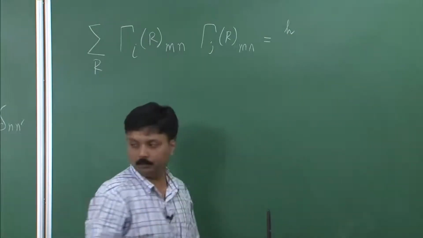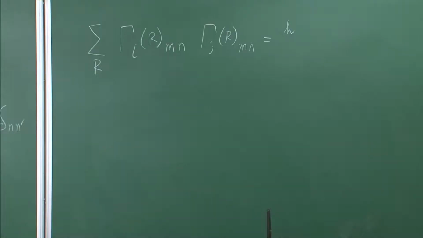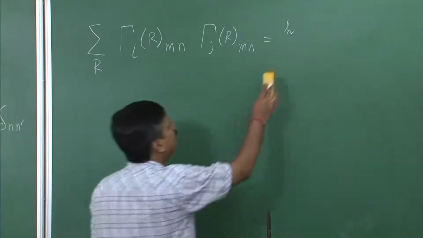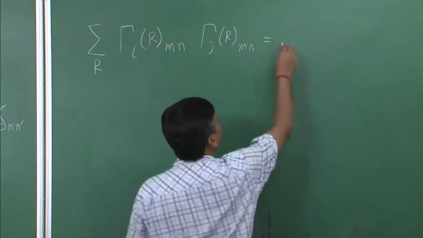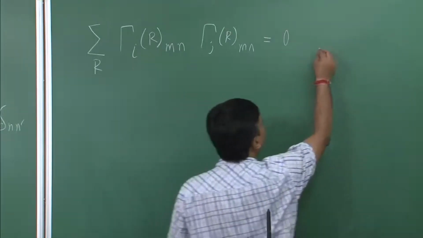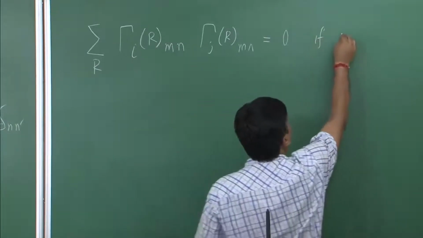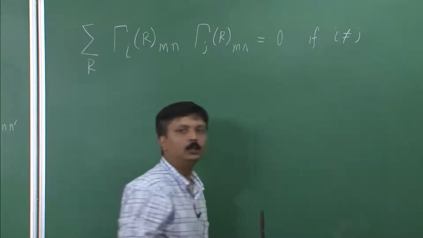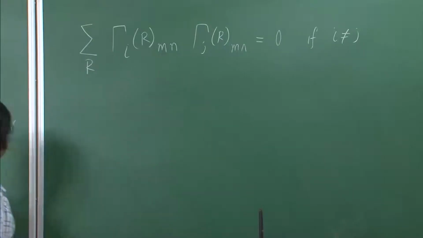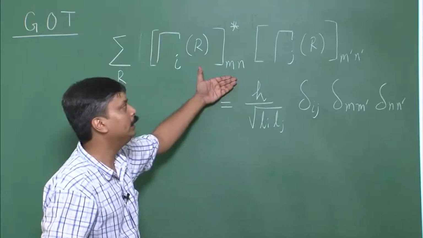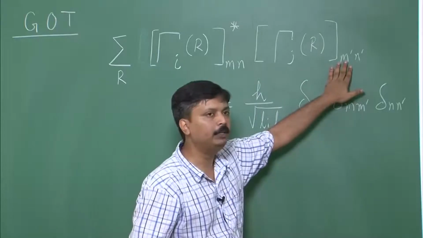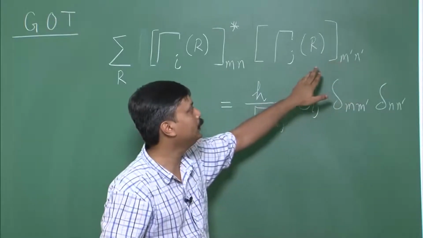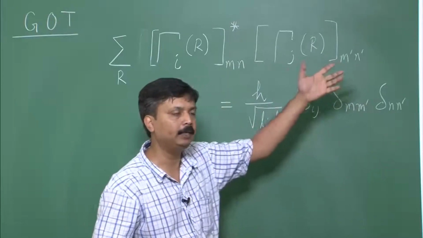Okay, I can skip this part. So I can say directly that this will be 0 if i not equals to j. So this can be verified from here. So instead of choosing different elements, we are choosing the same particular element from each matrix.